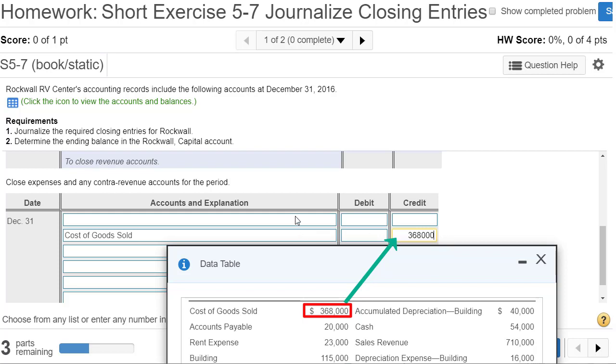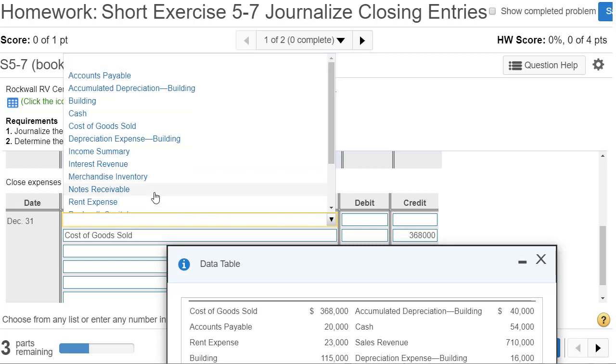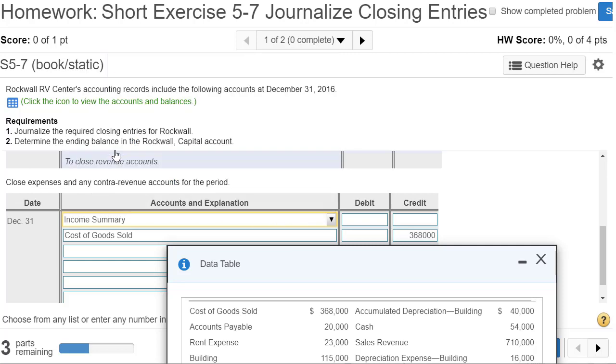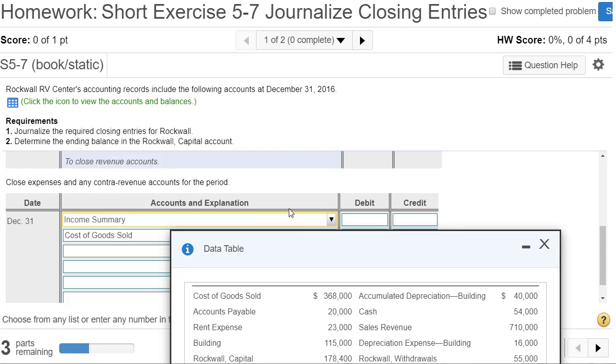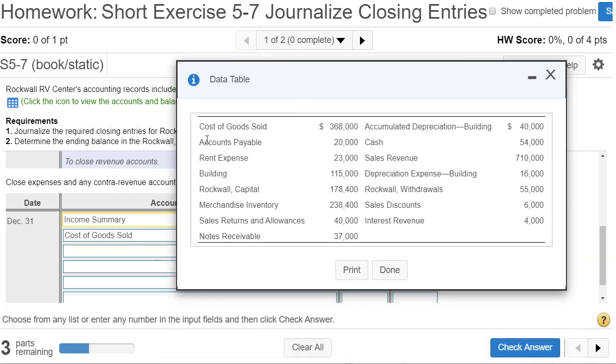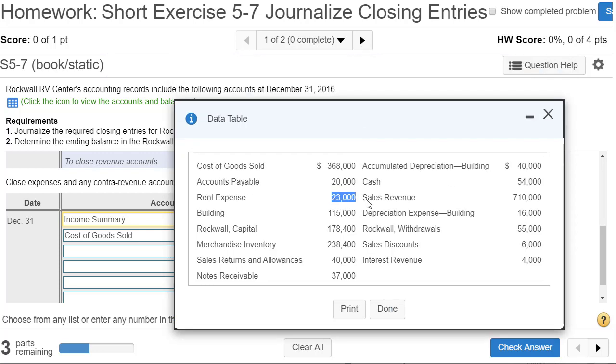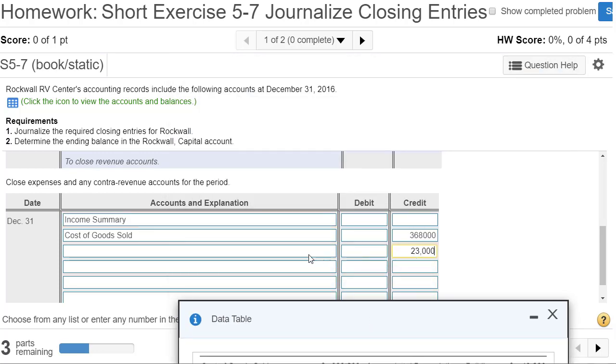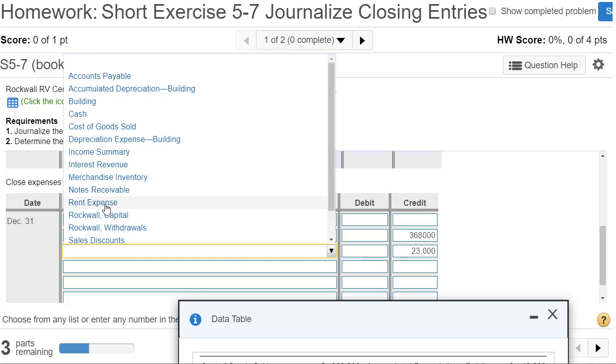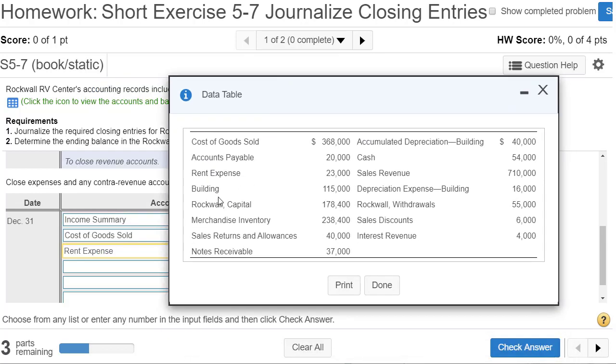And since we're here, what account do the expenses get closed to? Income summary. So going down our list, I'm going to find the next expense. We got $23,000 for rent expense. What's next after rent expense?